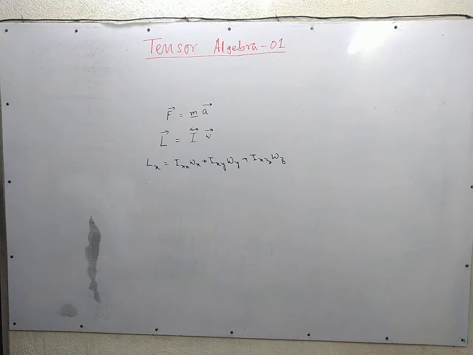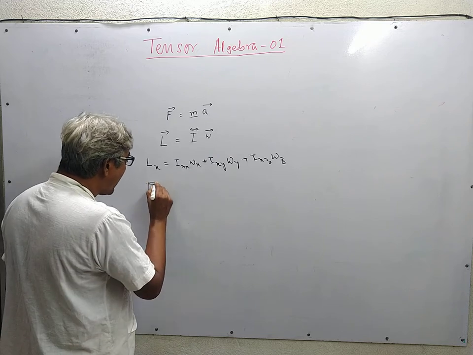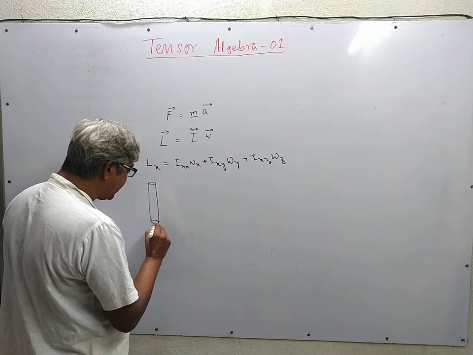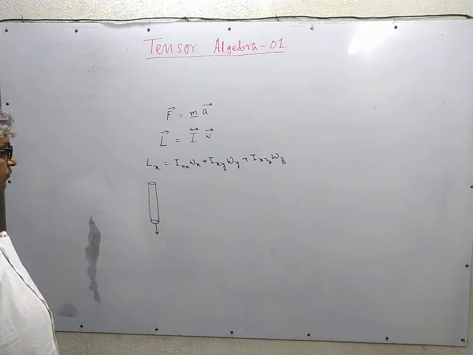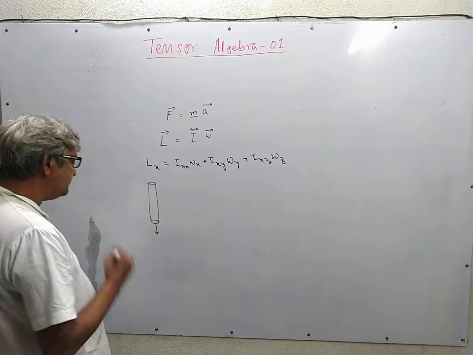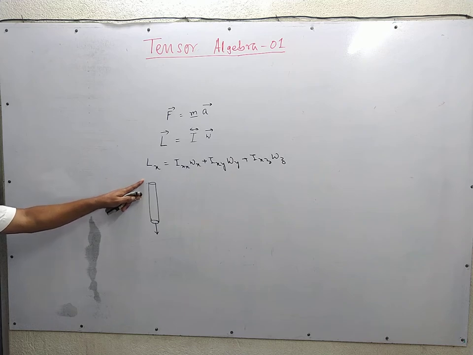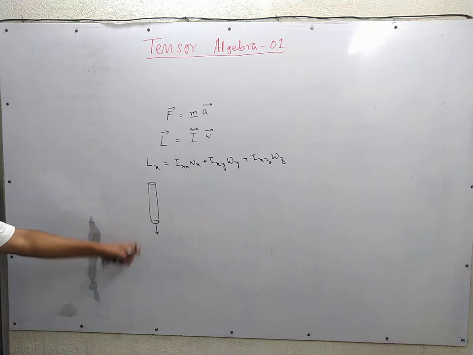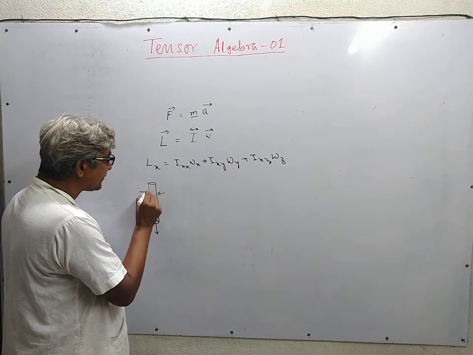Another classic example is from elasticity. Consider a wire, and if you stretch it along the longitudinal direction by applying, say, some weight, then there is stress developed along the longitudinal direction as well as in the lateral direction.